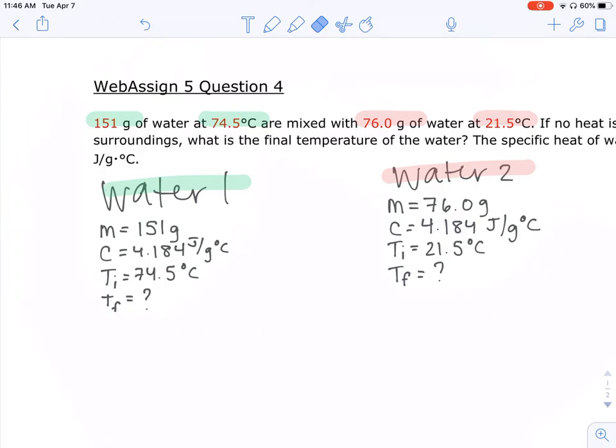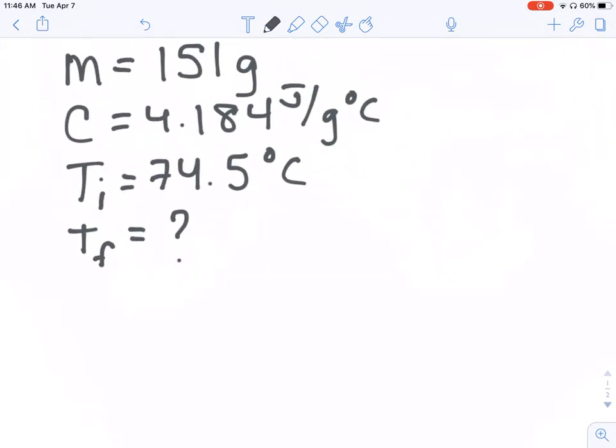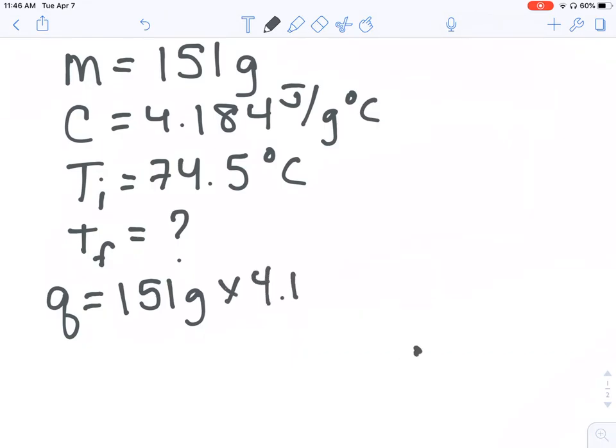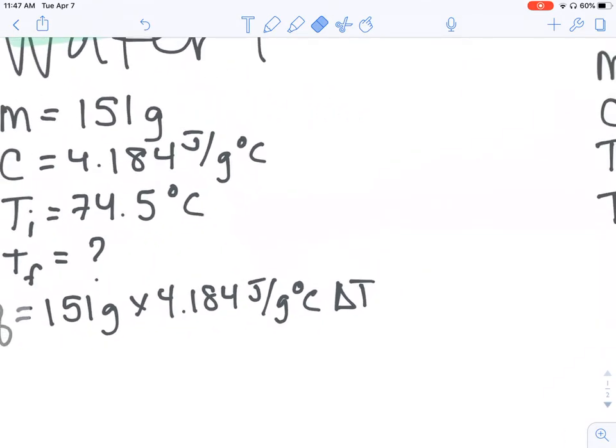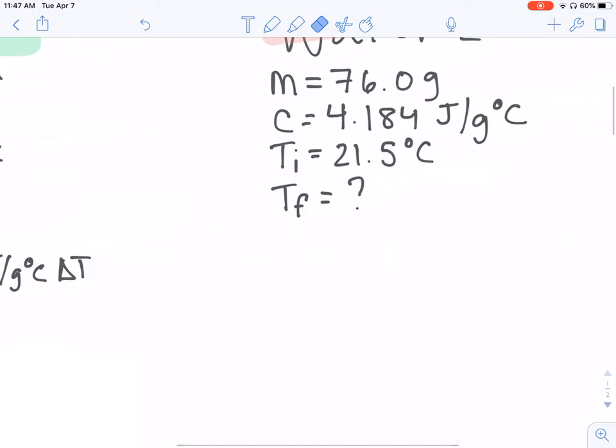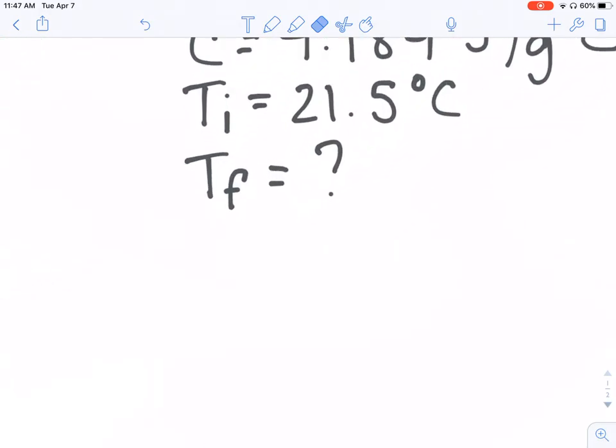All right, now if I was to plug these all into my Q equation, I will have Q equals 151 grams times 4.184 joules per gram degree C, all of that times delta T. I like to leave delta T in the equation to work on it, just because I think it's easier than having all the subtraction signs right from the beginning.